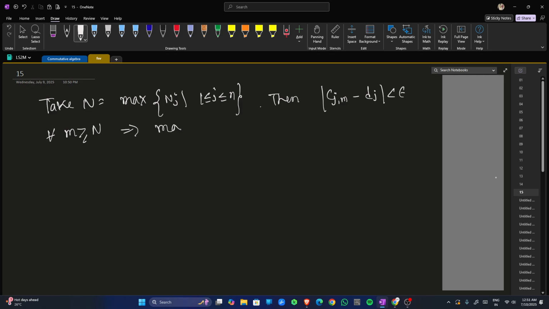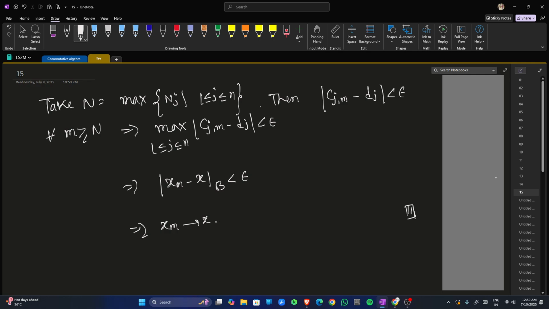This implies the maximum of cjm minus dj is less than epsilon. This implies the norm of xm minus x is less than epsilon. This implies xm converges to x. Done.